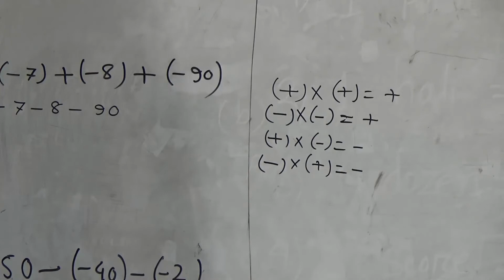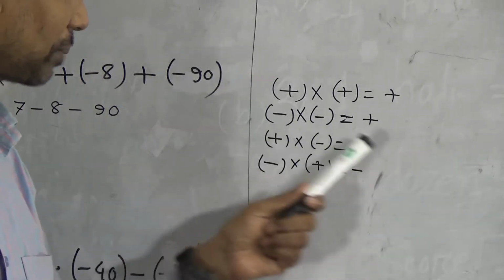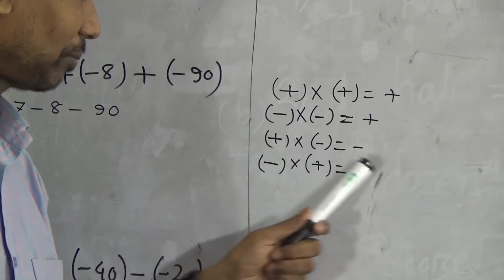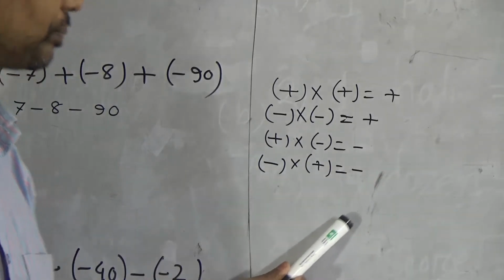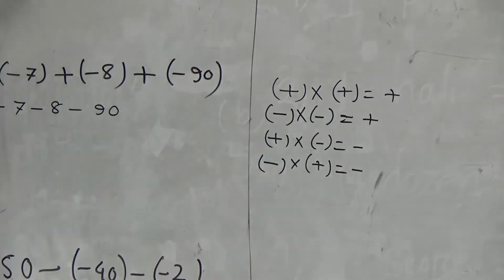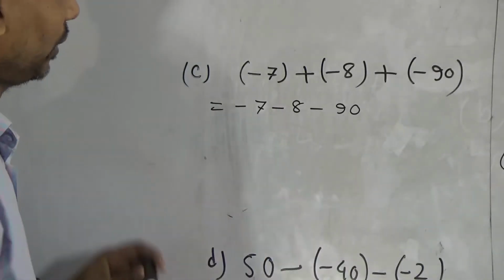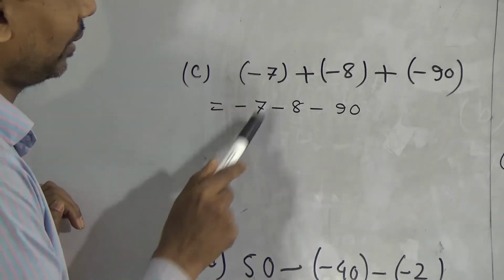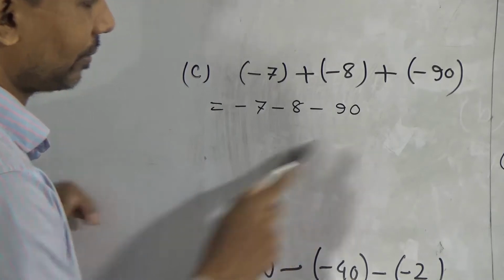Look, for the case of multiplication, plus plus plus, minus minus plus, plus minus minus, minus plus minus. Okay student, in the previous class I have discussed this, so yet today I will discuss. Now come to the point. See number minus 7 plus minus 8 plus minus 90.